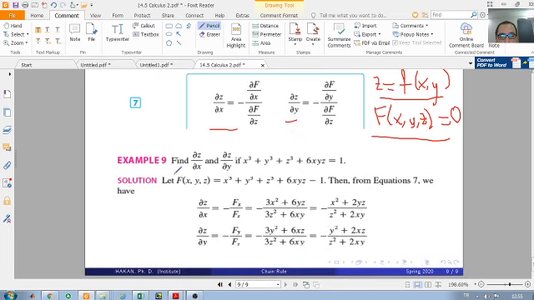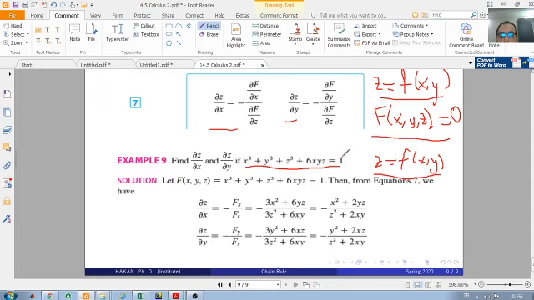For example, let's find the partial derivatives of the function z with respect to x and y using the implicit relation given here. Actually we have a function of two variables x and y. Z is equal to f of x, y, but we don't know its explicit definition, but we have a relation written here.